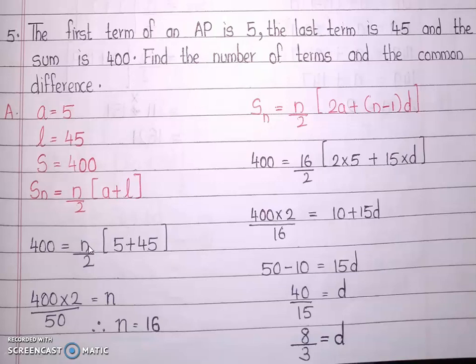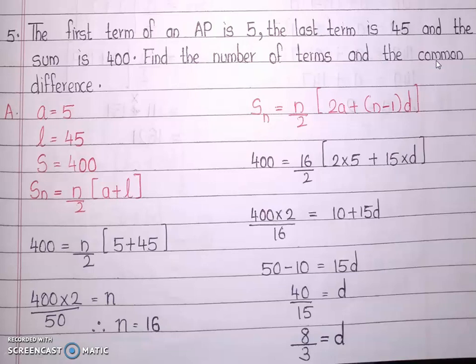Okay, and you will get the number of terms as 16. And how did I get it? Which formula did I use? Sn is equal to n by 2 into a plus l. a is given, l is given, Sn is given and number of terms is 16.